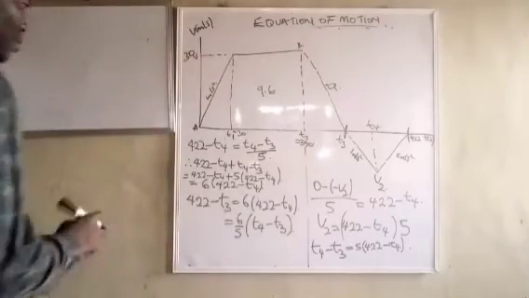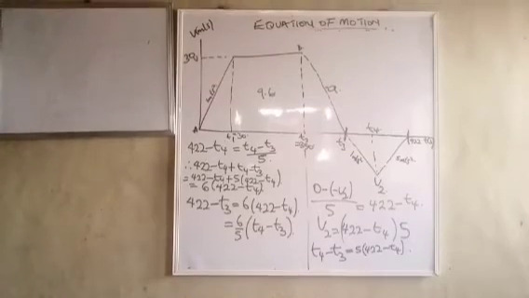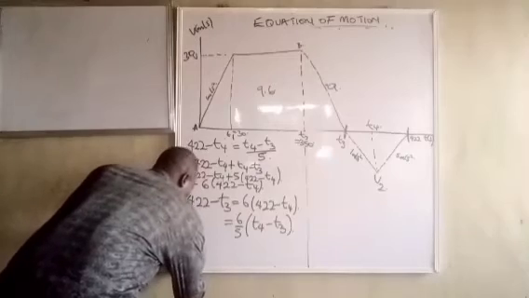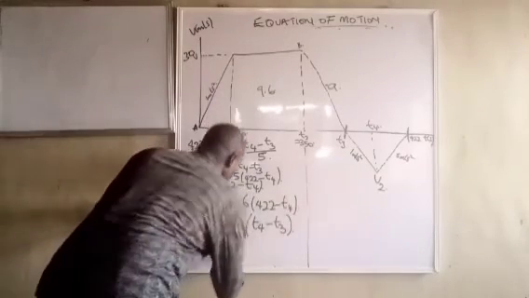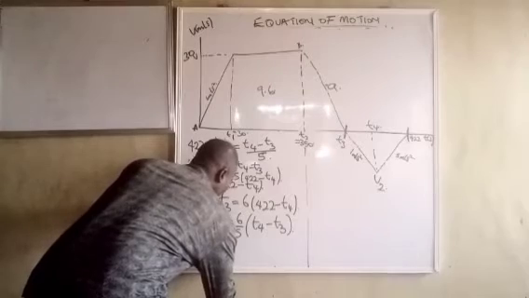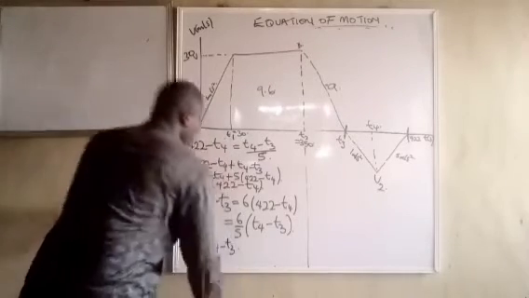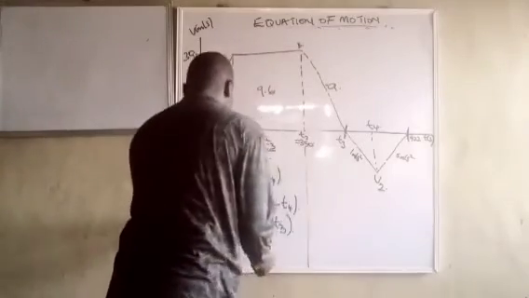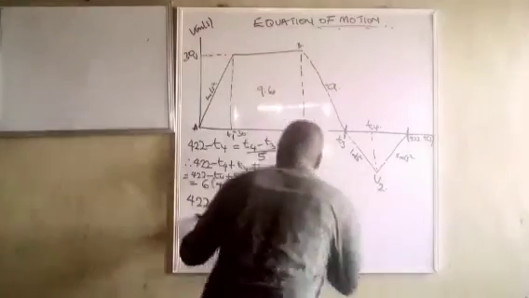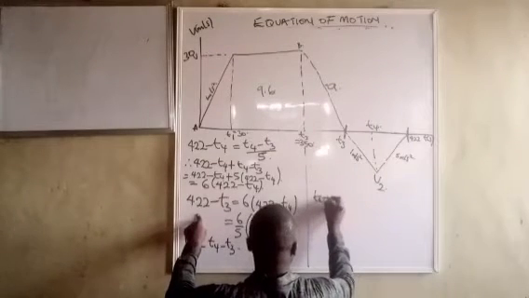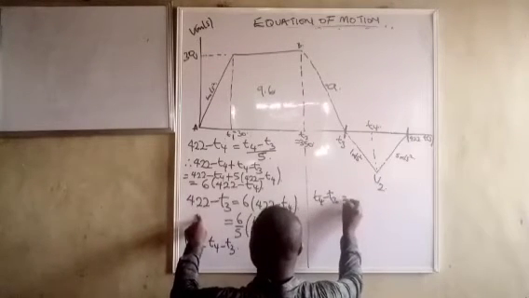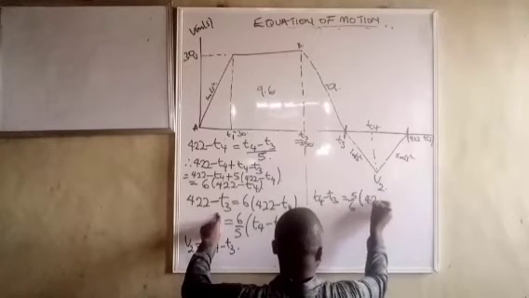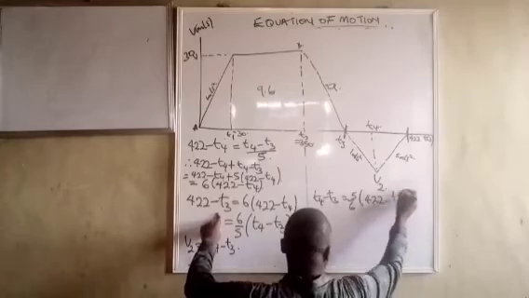Now let's see what we are going to do. We have established that V2 will be equal to T4 minus T3, and we have now seen that T4 minus T3 is equal to 5 over 6 into 422 minus T3.